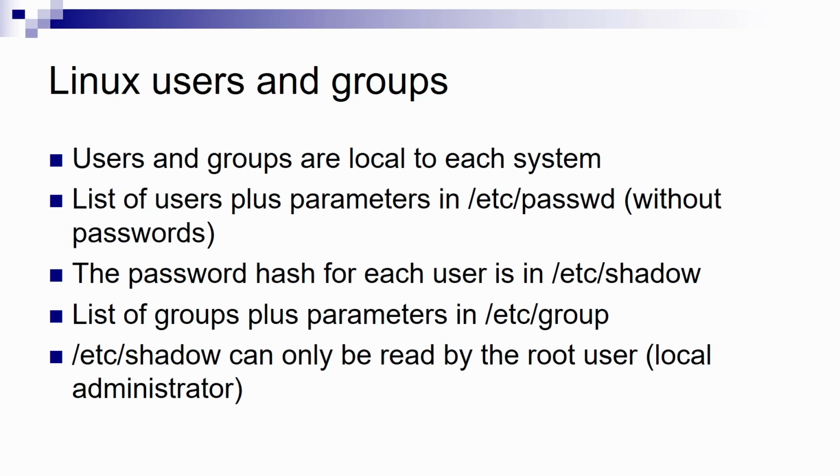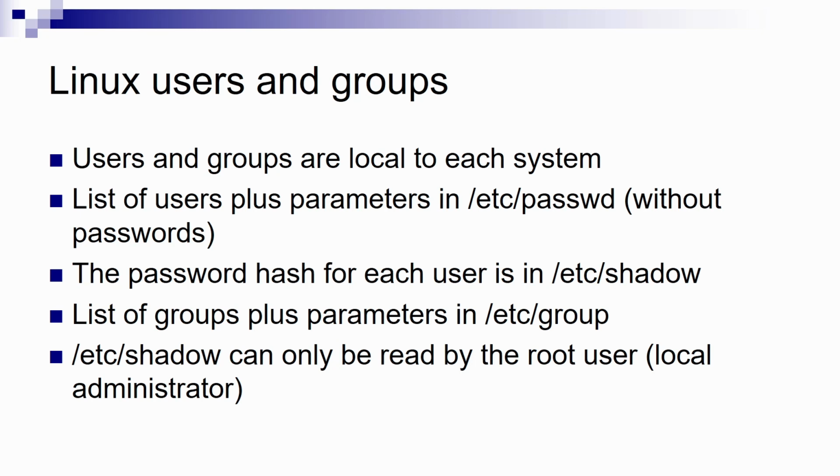In Linux, if you want to see a list of all your local users, you can check out the password file, or passwd, which is located in the etc directory. Here you will find lines, and each line contains the data for one user. The actual passwords for the users will not be found in this file, but the hashes for the passwords are found in a different file called shadow.